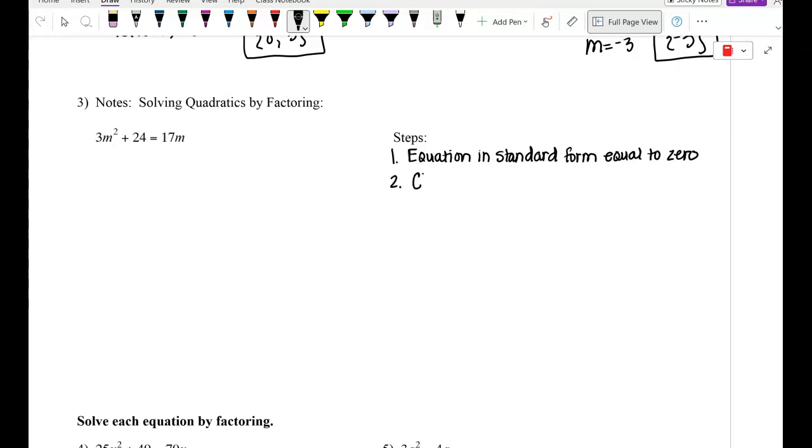Second one is check for the GCF. Three, identify A, B, and C. Four, use the X method to find two factors.